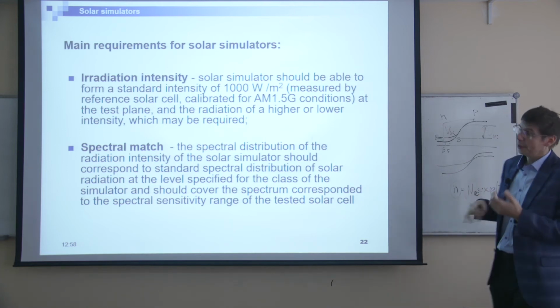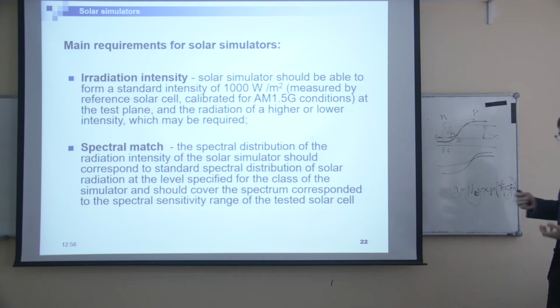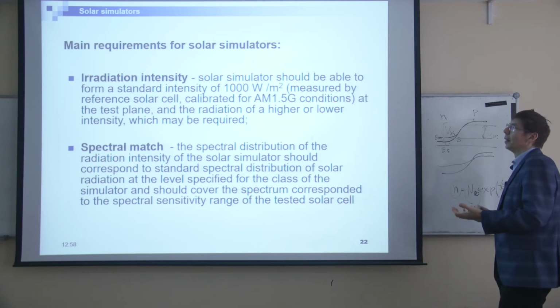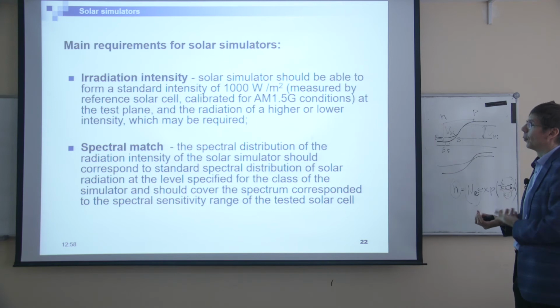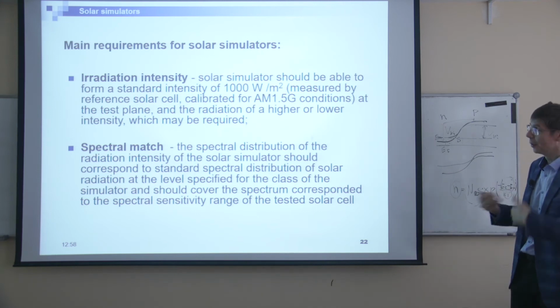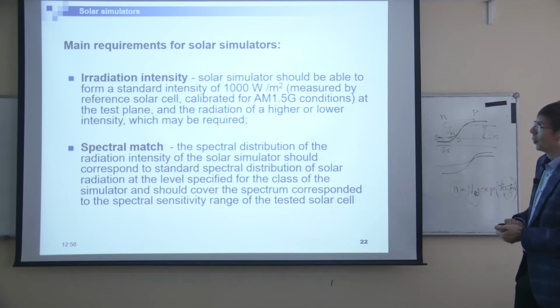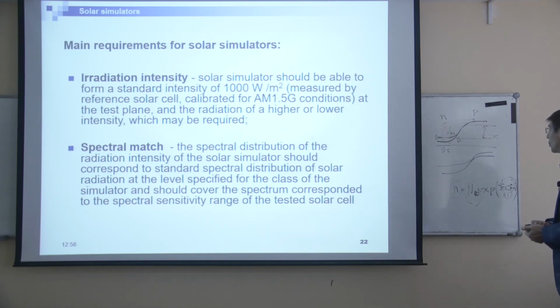But in some specific cases, you may be required to use lower or higher intensity, so it depends on your requirement. But if you want to say that it's a solar simulator, this device should provide 1 kilowatt per square meter.